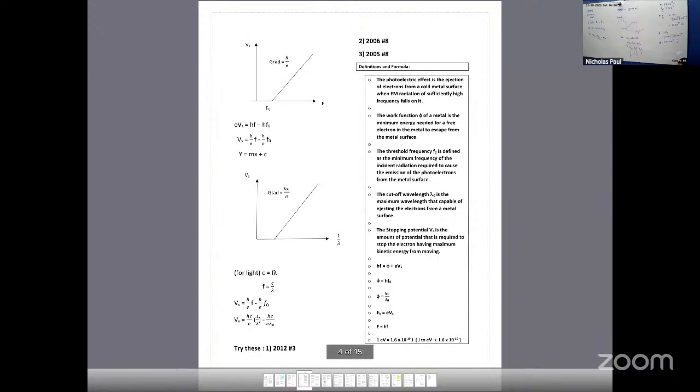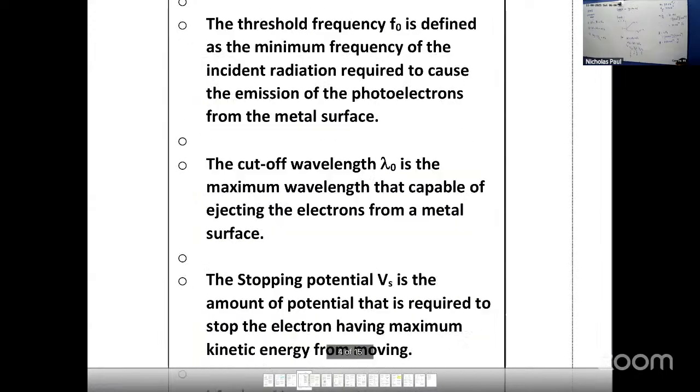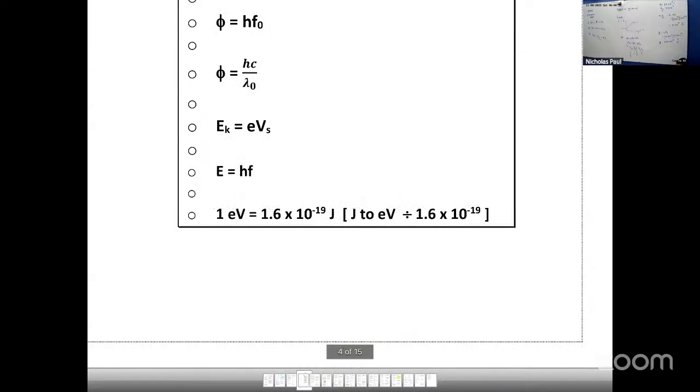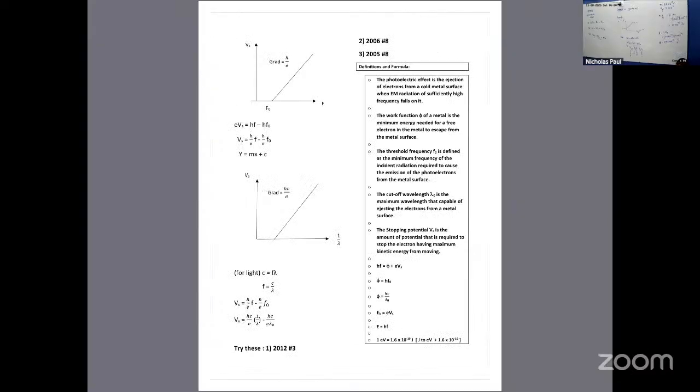Learn this little summary here. It gives all definitions of things that we did in the last 2 weeks, right? All right, that's at the end of the handout.